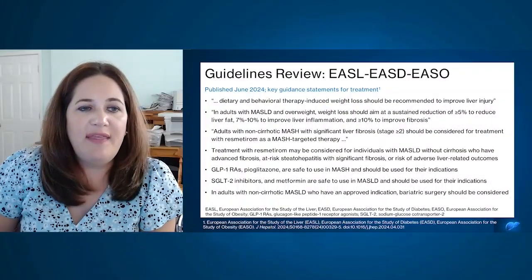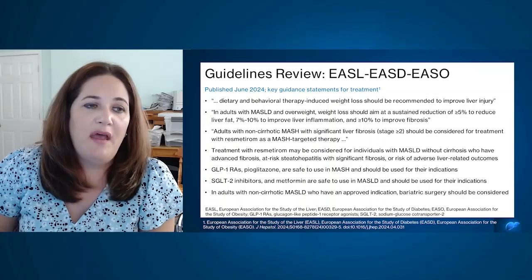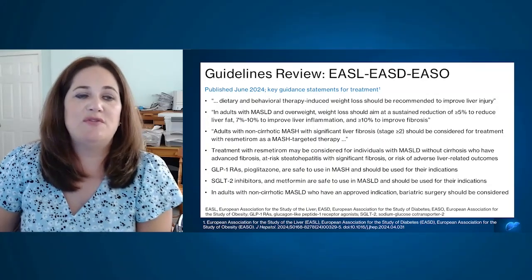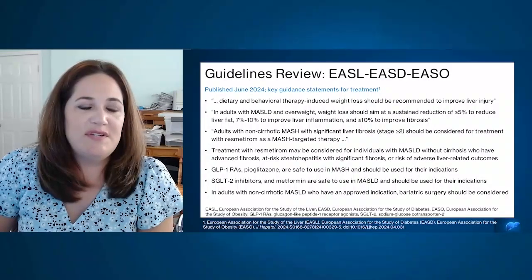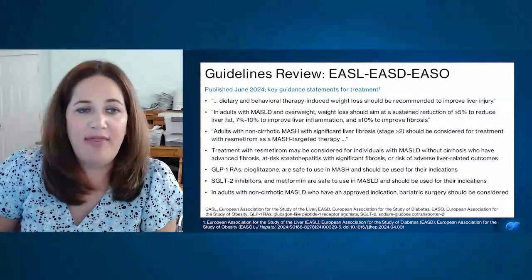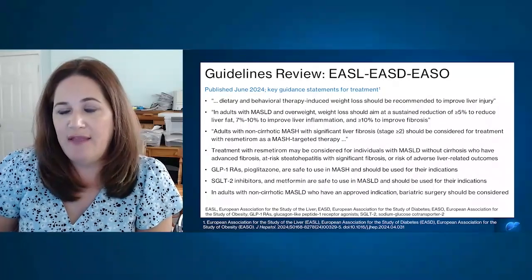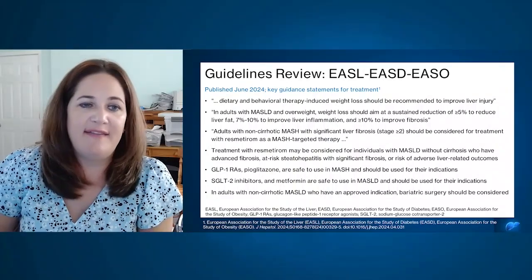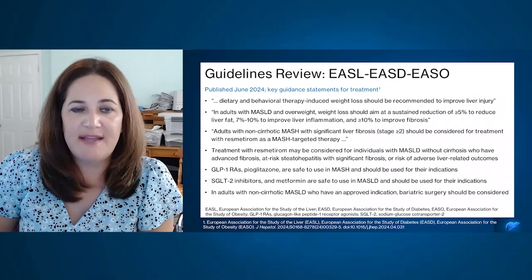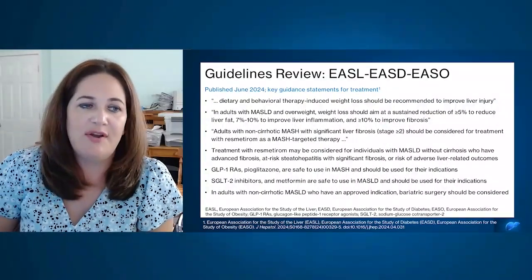When we look at the EASL, or European guidelines, this was published in June 2024. Some additional pieces that they wanted to note: dietary and behavior therapy-induced weight loss should be recommended to improve liver injury. And this is, again, kind of verbatim of what all the clinical guidelines say, that dietary, exercise, and clinical weight loss improves the liver injury.